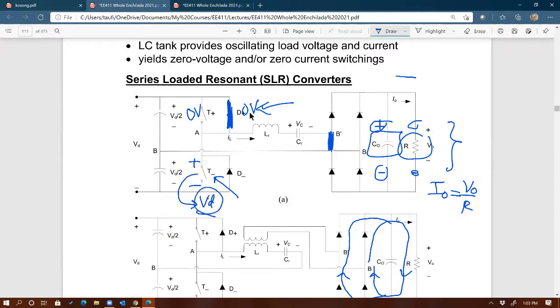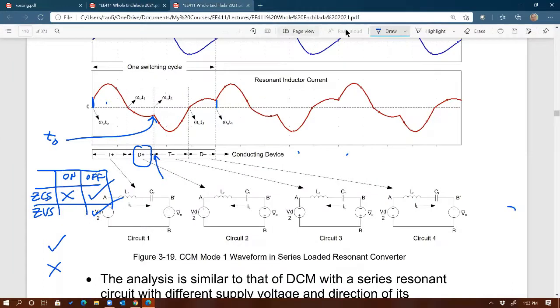Yes, VD. So now you know that prior to turning on T minus, the other diode, D plus, is conducting. Therefore, the voltage across T plus will be 0.